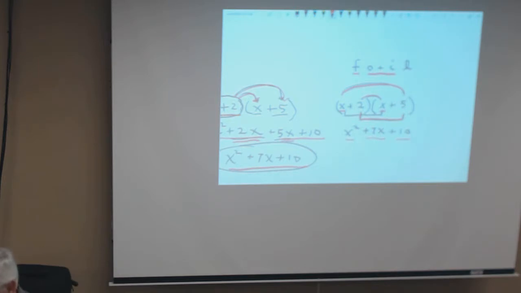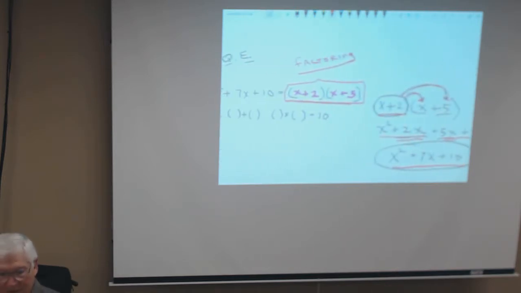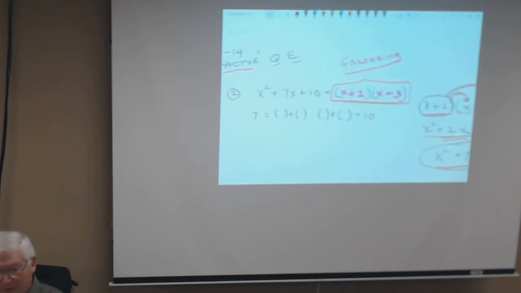So, do you understand that I have the correct answer here in terms of factoring? In other words, I have the two binomials that they multiplied together to get this answer. But when they give you the answer, you need to have a process or a mechanism for finding those two binomials.